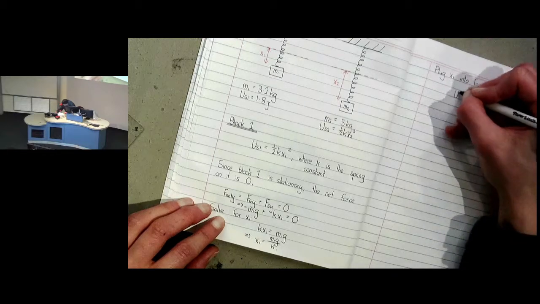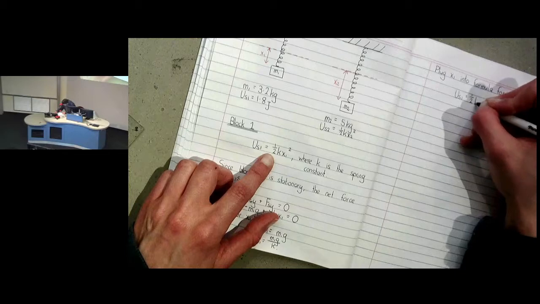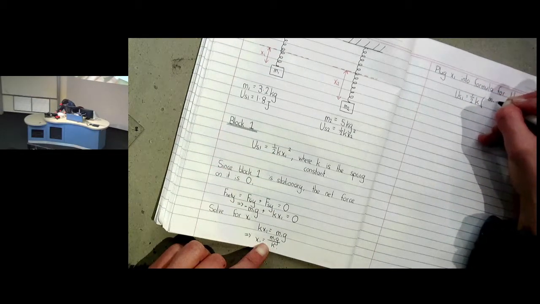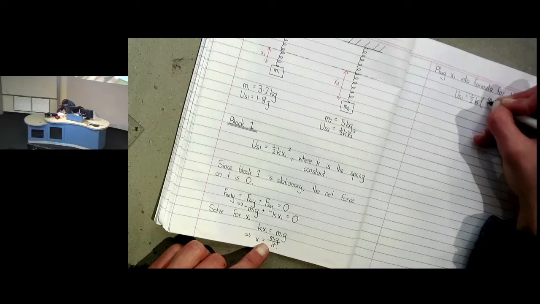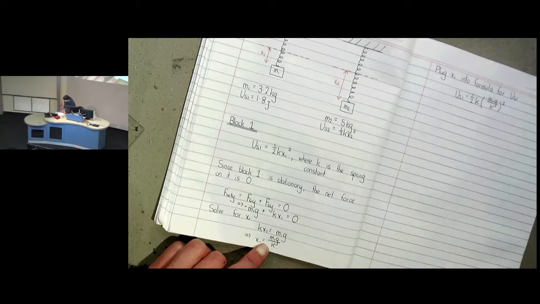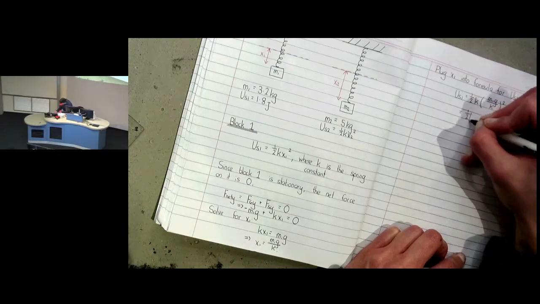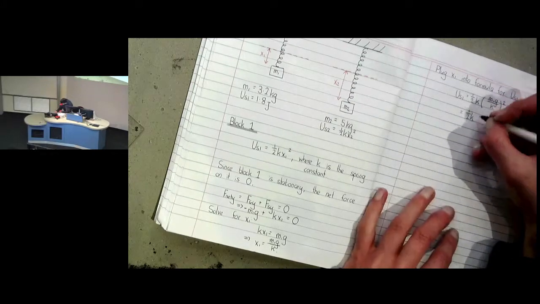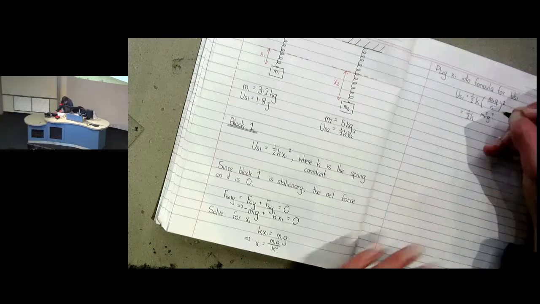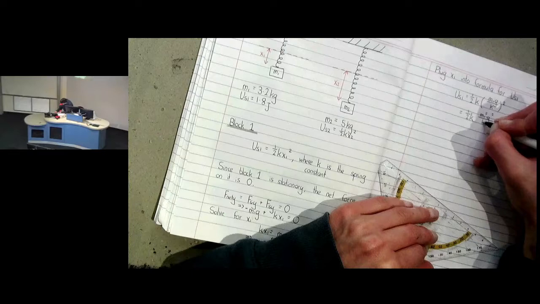And so we get that US1 will be equal to 1/2 times K times M1G divided by K, all squared. And now this all squared bit is just going to be M1 squared times G squared divided by the spring constant squared.